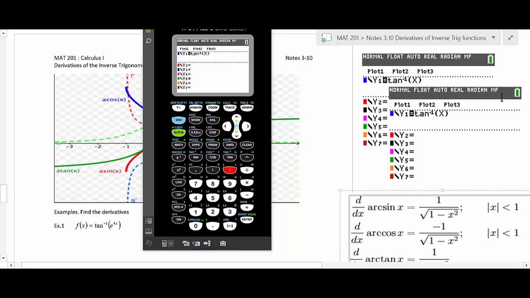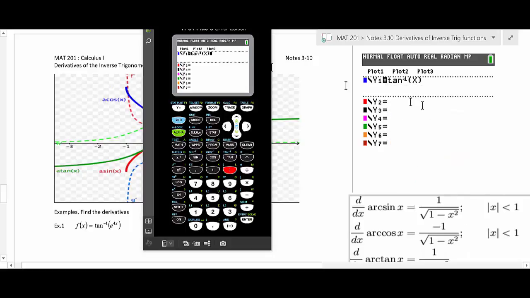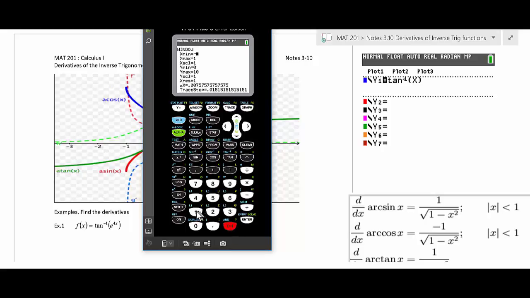Okay, so next thing I want to do is, for the window, let's do something like this. Let's go -10 to 10 on y, and scale by 1.